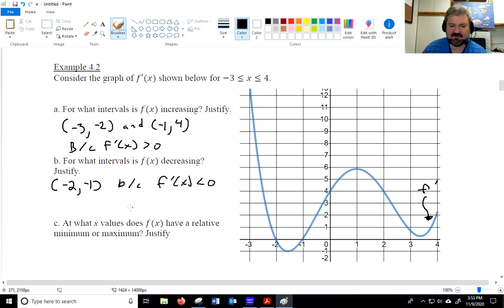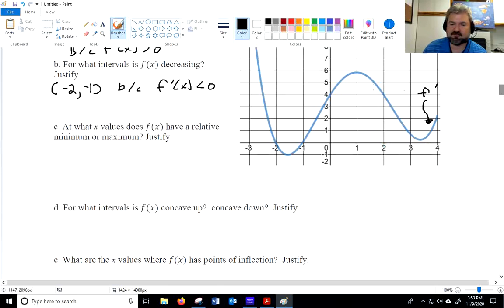At what x value does f of x have a relative minimum or maximum? Well, we're going to have a relative maximum at -2. And that's because f prime changes from positive to negative there.